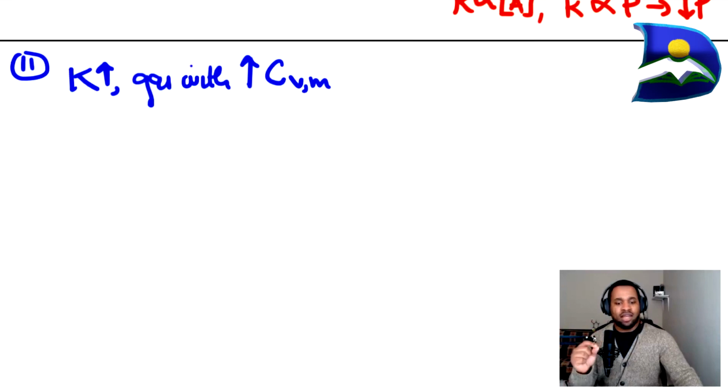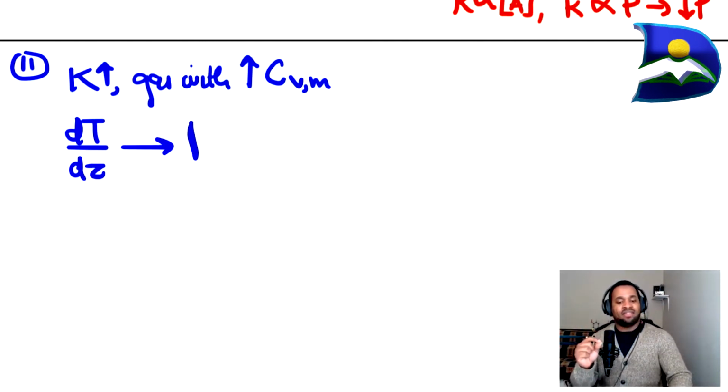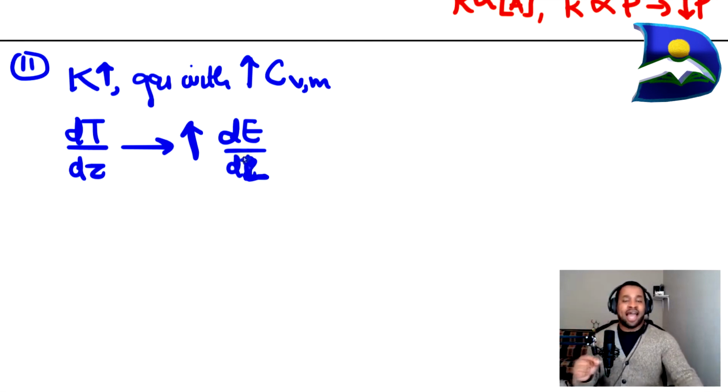This is due to a given temperature gradient that results in an increase in the energy gradient of this system. This is important for understanding how temperature and energy relate when K increases as a result of the gas molecules' specific heat capacity increasing.